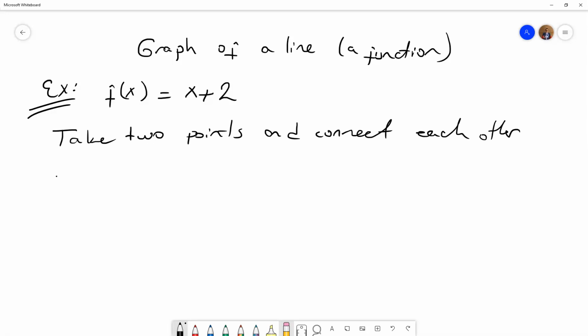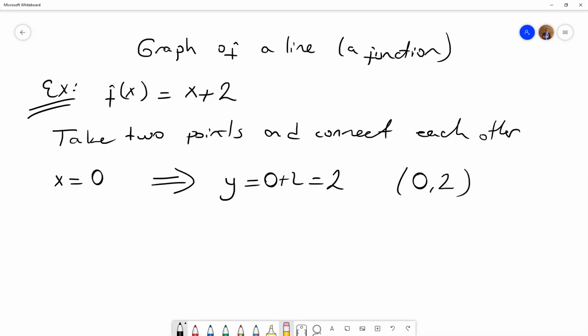How can we do this? First, give x to 0. If you give this one, y is equal to 0 plus 2, that is y is 2. That is, we have this point. And if you give x 1, you are going to find y, 1 plus 2 is this one.